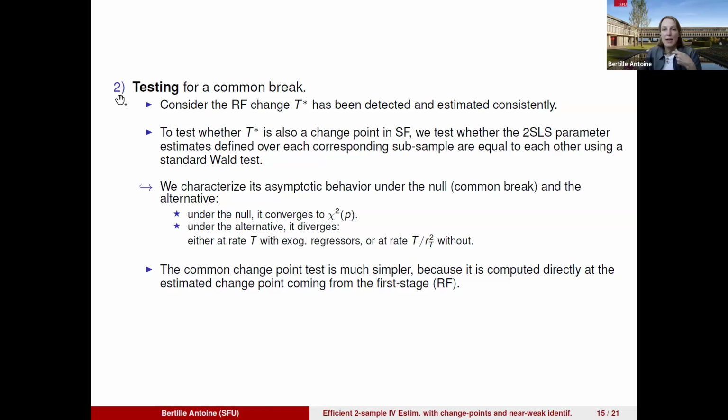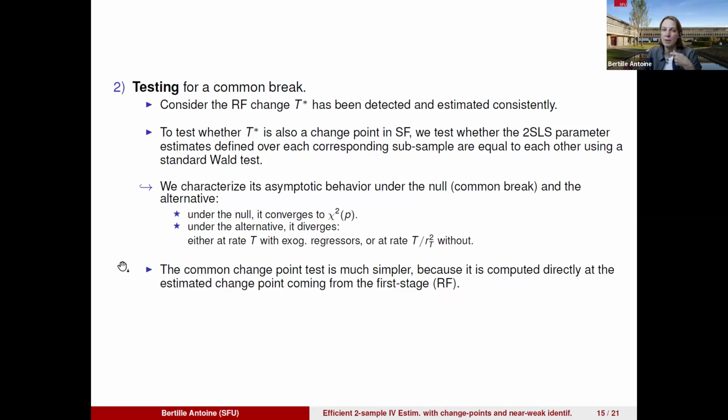Detecting the common break. This is done through a Wald test in a classical sense. And it is much more simple than the sub-Wald test that I just mentioned, the reason being that you are able to compute directly the statistic at the estimated change point coming from the first stage.